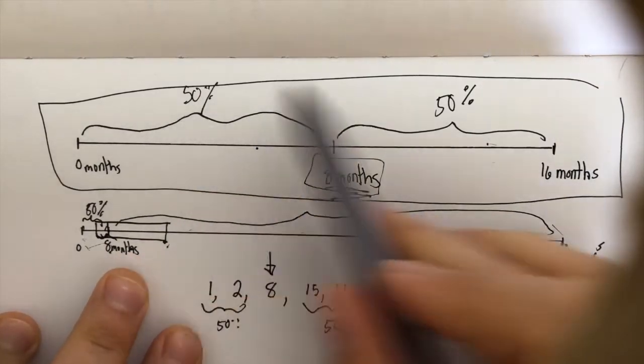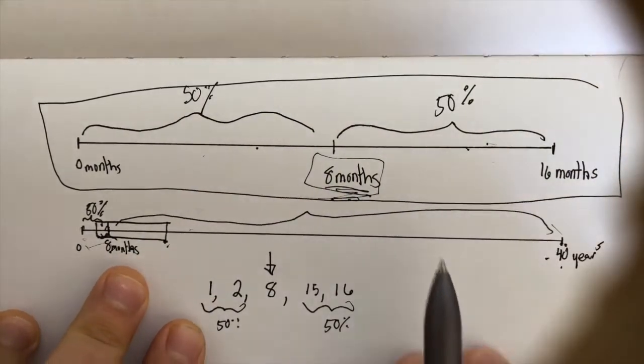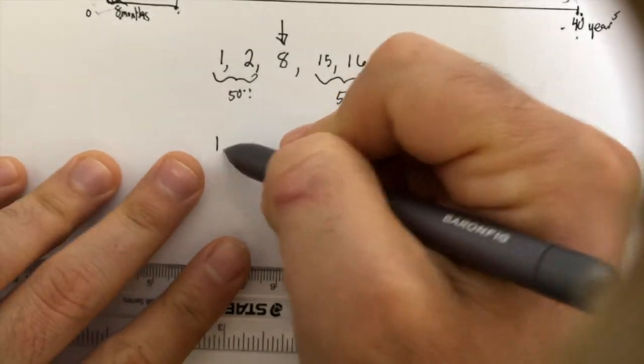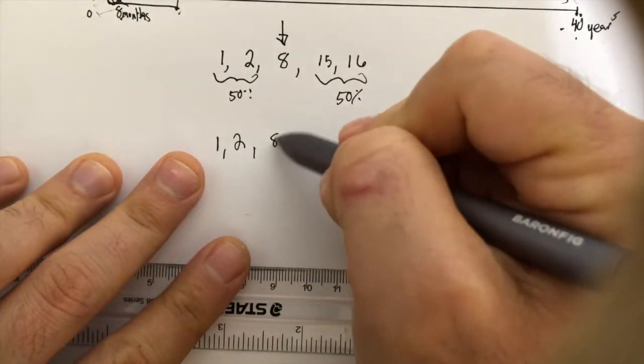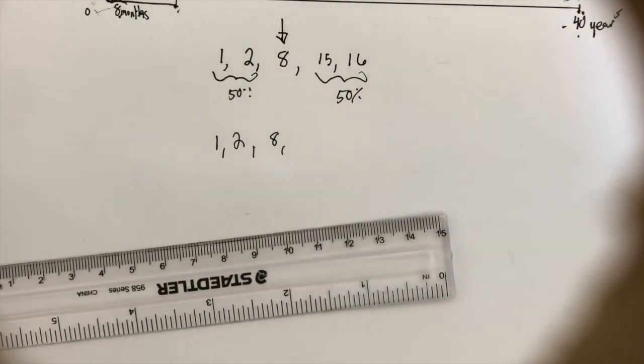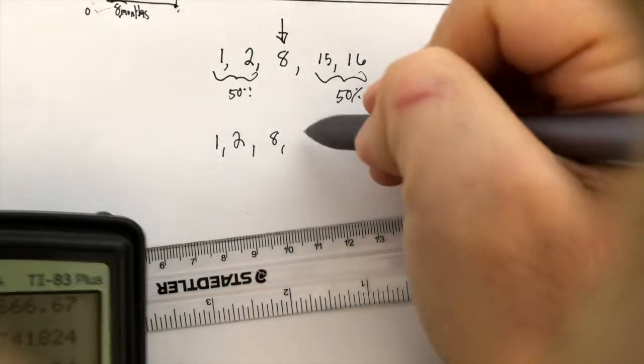So that is this interpretation, symmetrical. However, I could just do this just as well: 1 month, 2 months, 8 months. I'm going to go to years. Let's see, 40 years times 12 months, let's say 400 months.